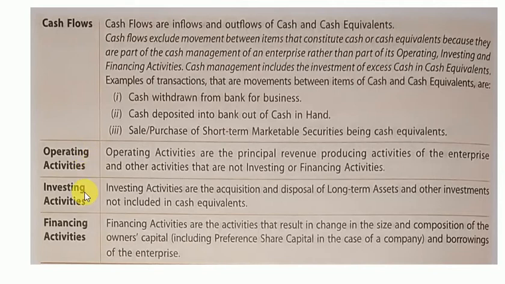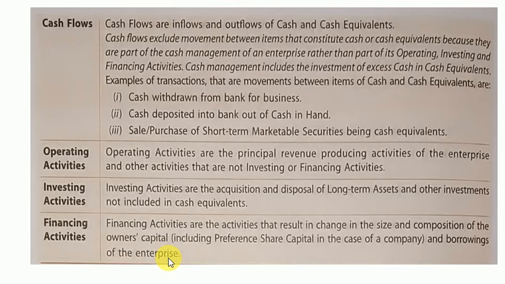Now comes financing activities. Financing activities are the activities that result in change in the size and composition of the owner's capital in case of a company and borrowings of the enterprise. Let me make it simple. You remember debt and equity when we did ratios, debt equity ratios?